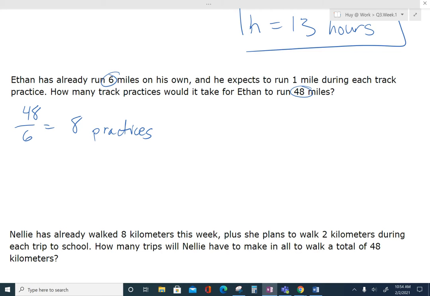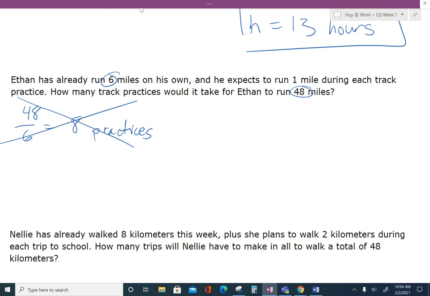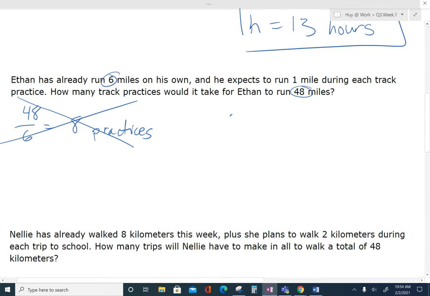What I'm going to warn you about, though, is that it absolutely sometimes seems easy, but it's not. So 8 would be the incorrect answer, because how the word problem starts is he's already run 6 miles. So he has 6 miles, and then he's going to run 1 mile during every practice. So it's going to be 1 mile for every practice, or 1p.